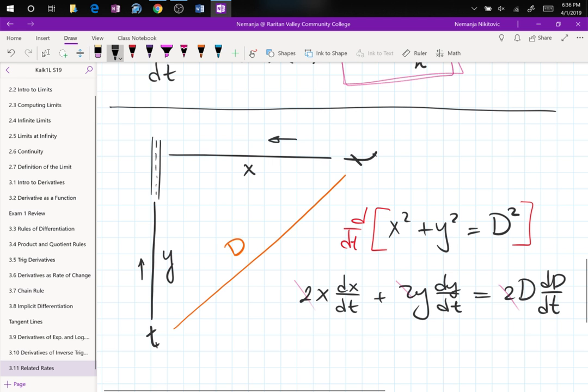I have distance x between the airport and the airplane that is on top, and I know that this airplane is moving at the speed dx/dt because it's covering distance x in time. So dx/dt is the speed of the x airplane on top. The airplane on the bottom is covering distance y, therefore its speed better be dy/dt. And that's going towards, right?